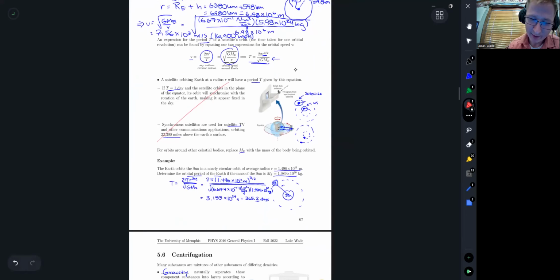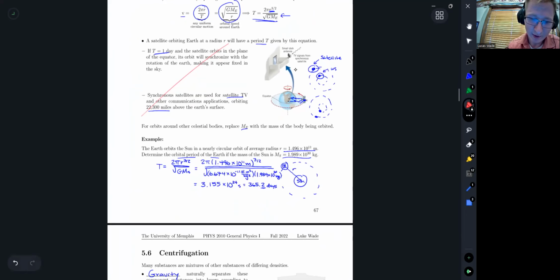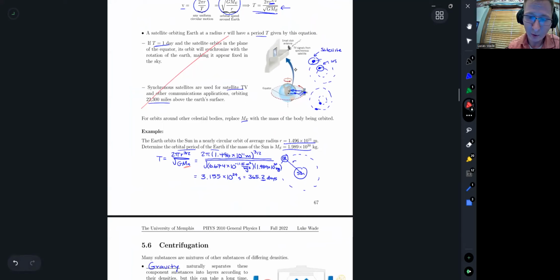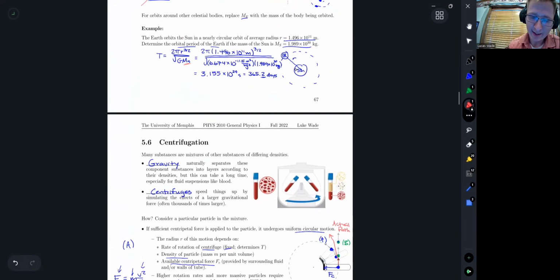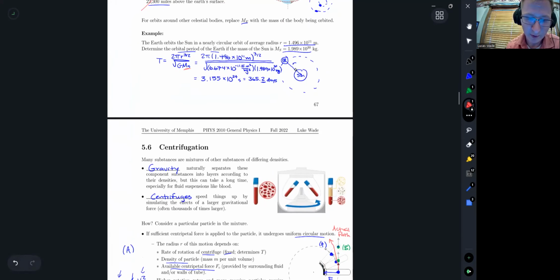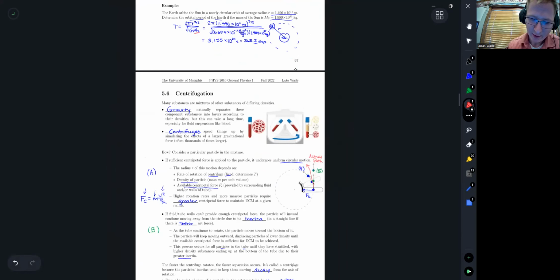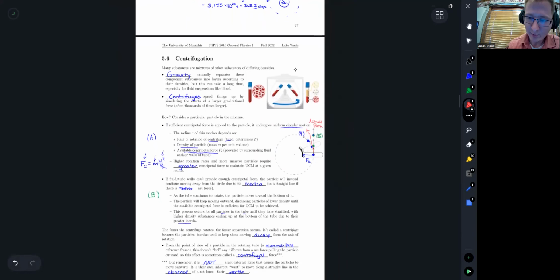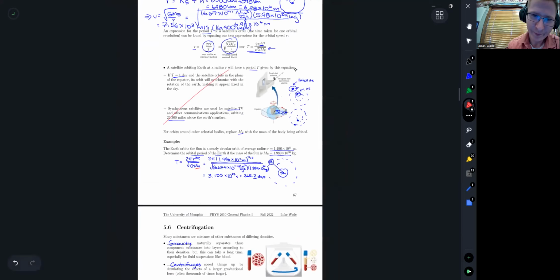But this example with the Earth orbiting the sun, where you change the mass of the object being orbited, is a good one to look at. And don't worry about this whole page on centrifugation. I just hope you find it interesting as someone who will probably be using a centrifuge.